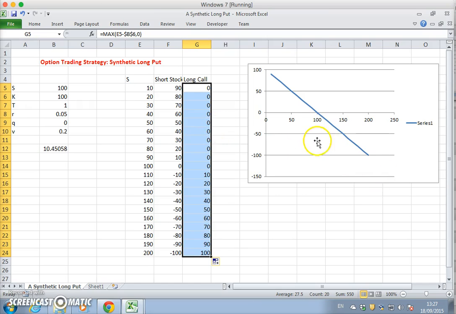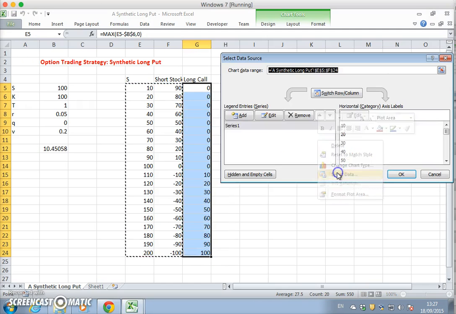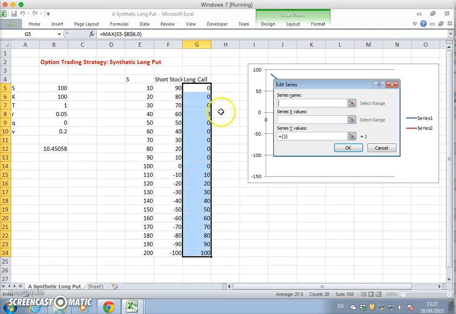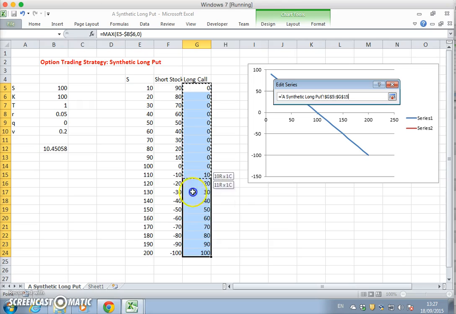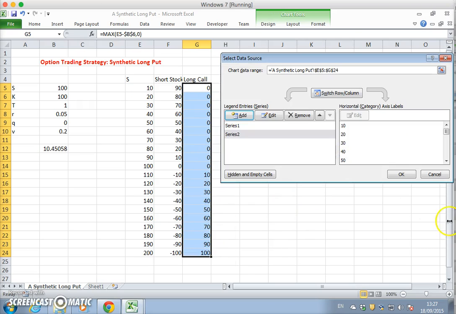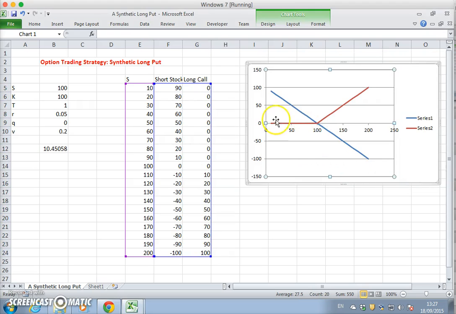And if we select the data and add, and take the exercise, the stock prices, and the varying payoffs on the long call position, that's what we would get. So the long call and the short stock could be represented as so.